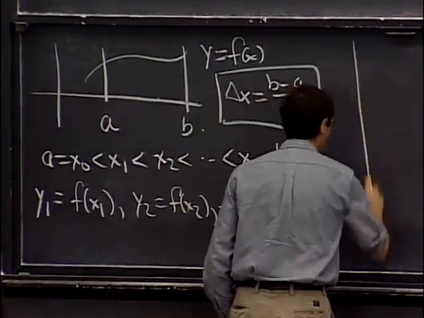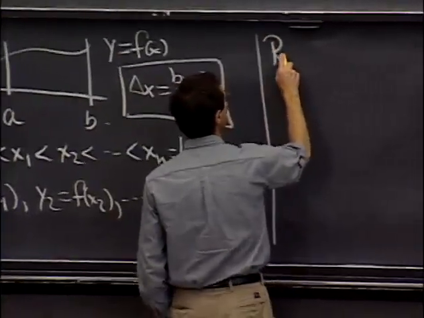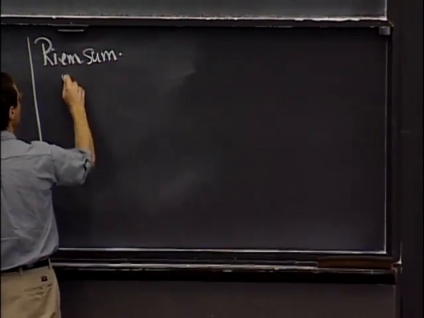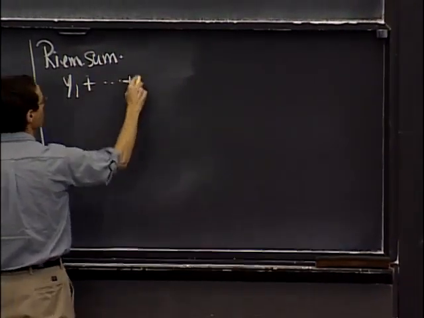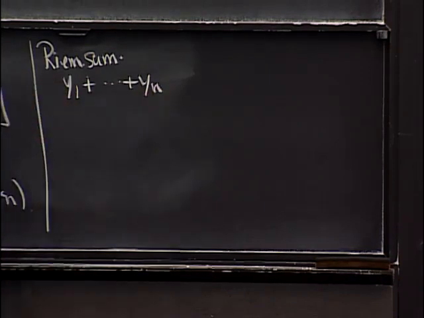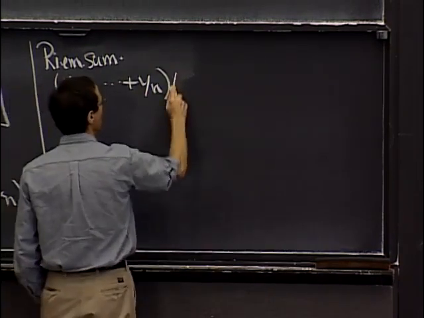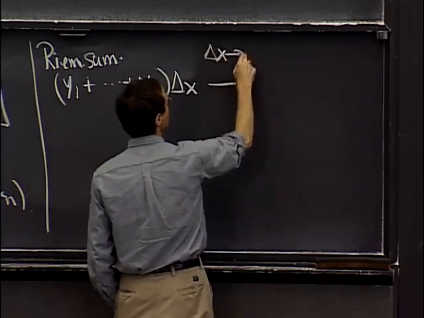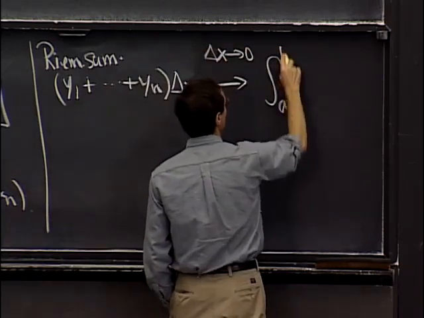Then the Riemann sum is the sum of y1 through yn, multiplied by delta x. And that's what tends, as delta x goes to 0, to the integral.